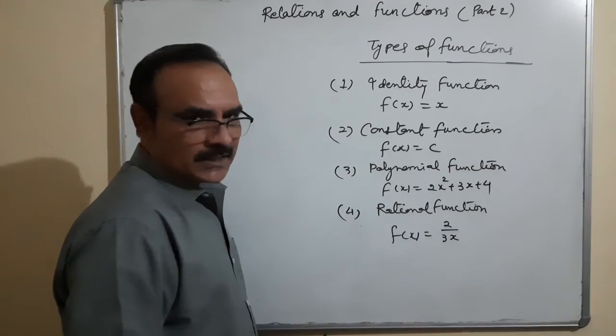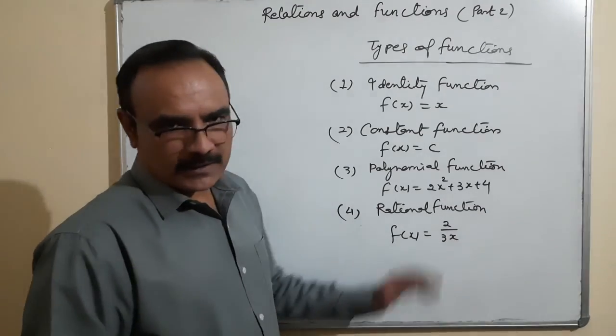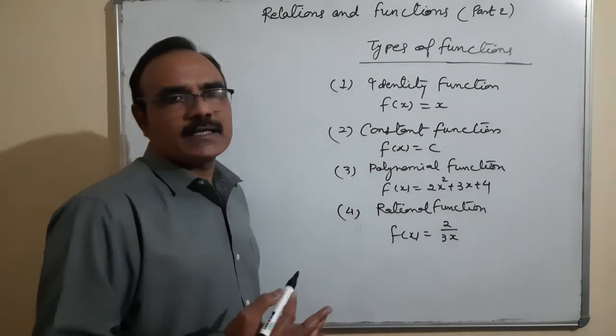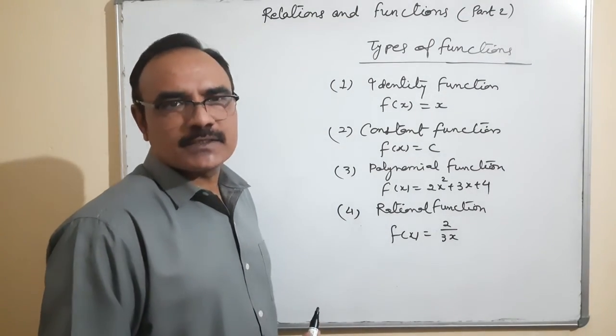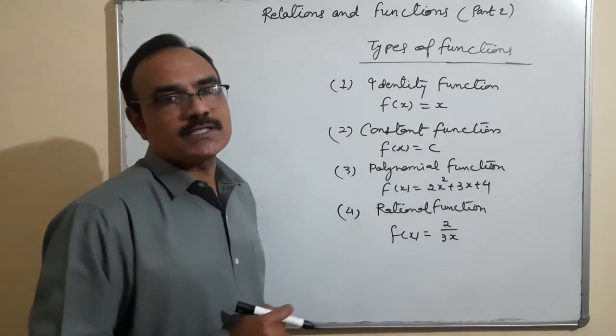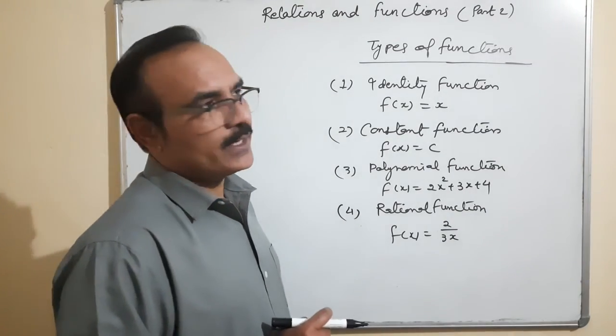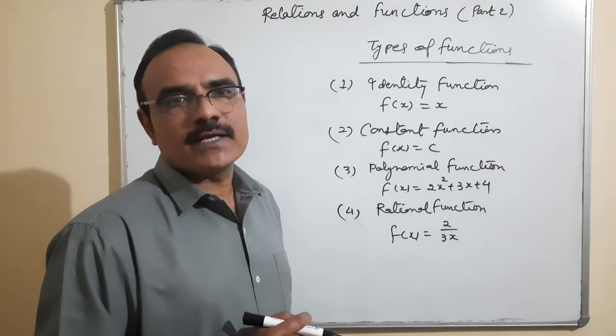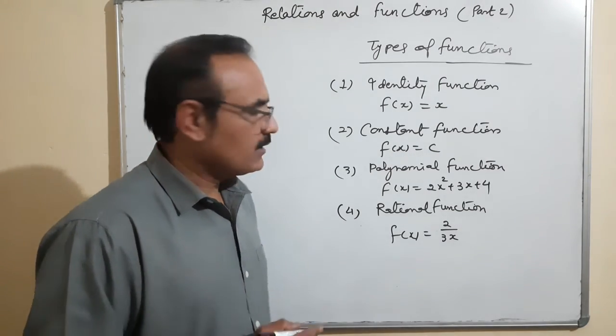You can put in values and draw the graph. Other functions are there, like logarithmic and exponential functions, but here we mainly have to discuss 3 functions: modulus function, signum function, and greatest integer function.